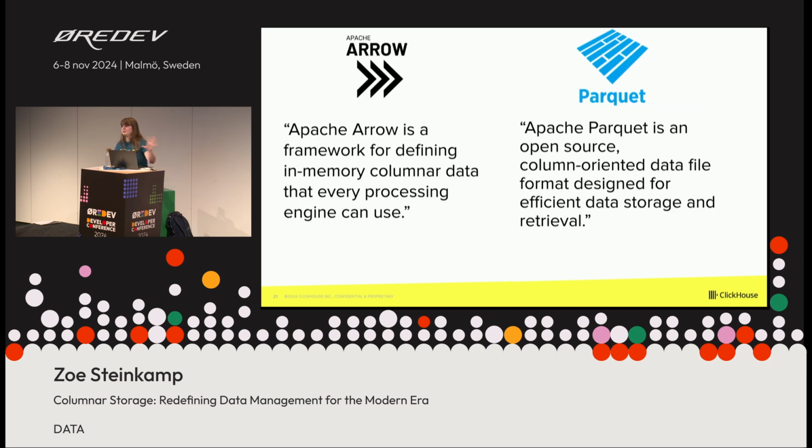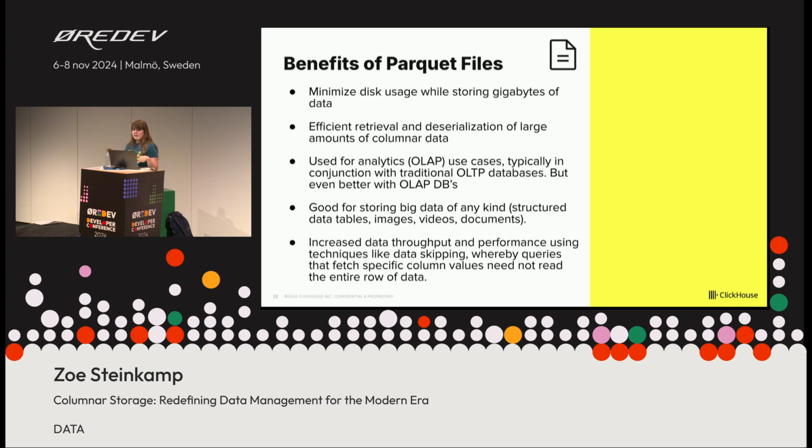So this is straight from the website. Apache Arrow is a framework for defining in-memory columnar data that every processing engine can use. Apache Parquet is an open source column-oriented data file format designed for efficient data storage and retrieval. So let's really quick get into the benefit of using Parquet files when you're working with columnar data sets. Parquet files minimize disk usage while storing gigabytes of data.